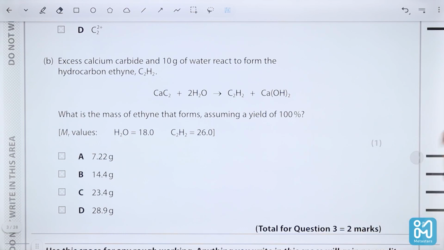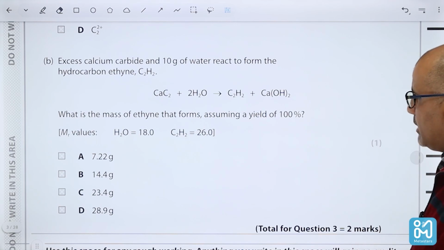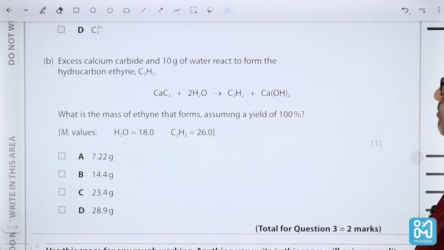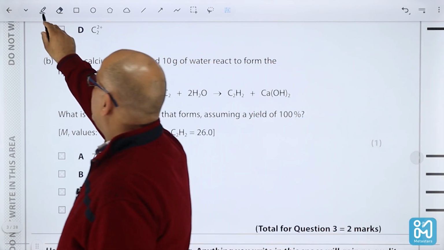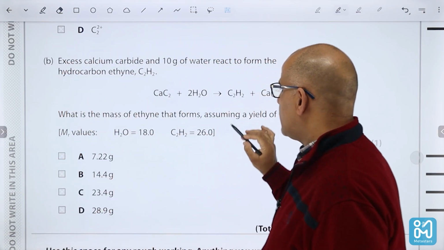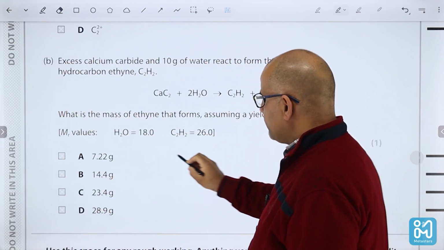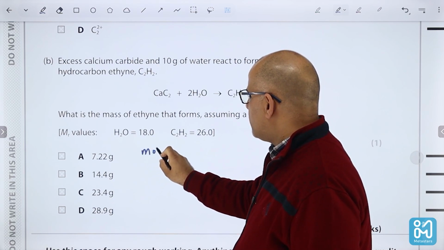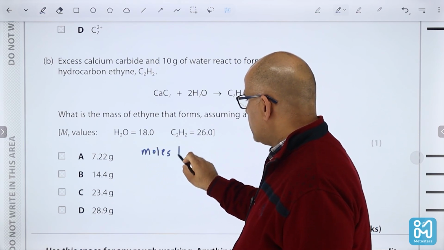Okay, let us analyze the question. Excess calcium carbide and 10 grams of water: you can find the mass of water that reacts with carbide to produce the ethine, and with 100% yield there is no loss of any atom, so all the atoms in the products were formed. The first step to find the solution is to find the number of moles of water.